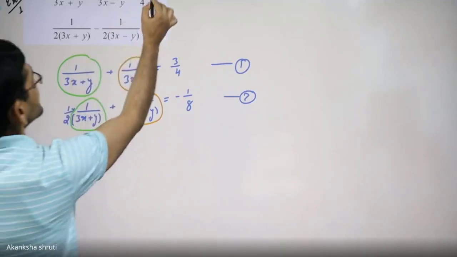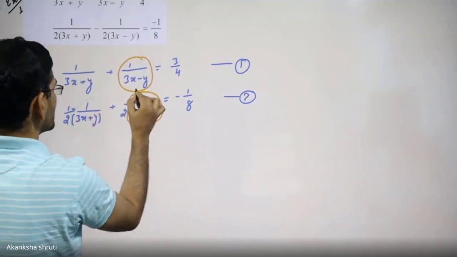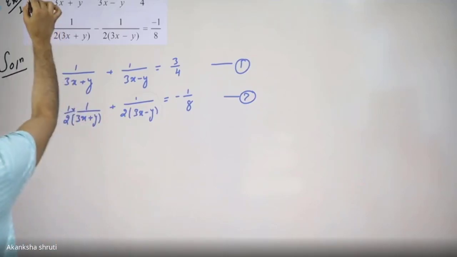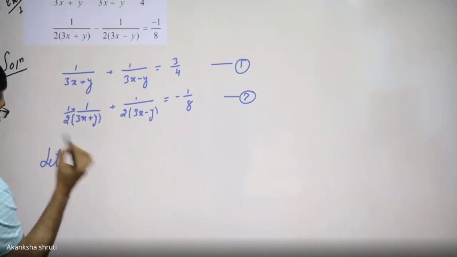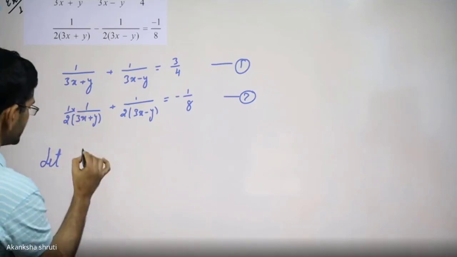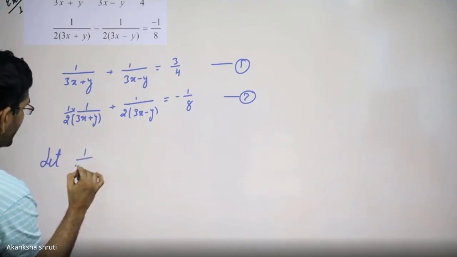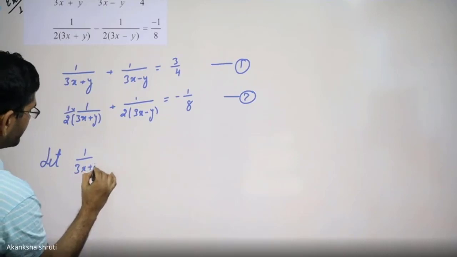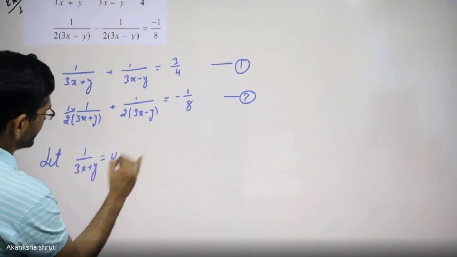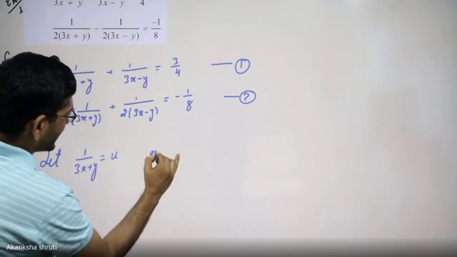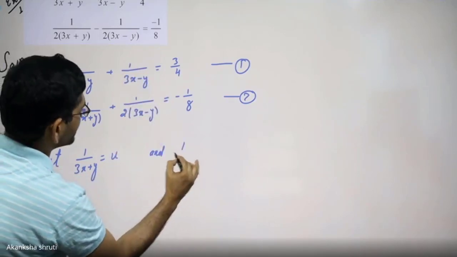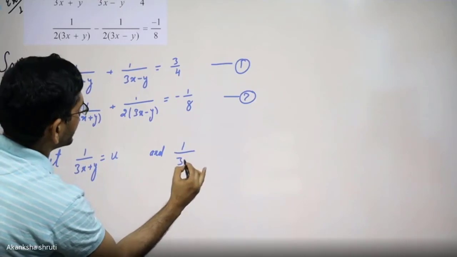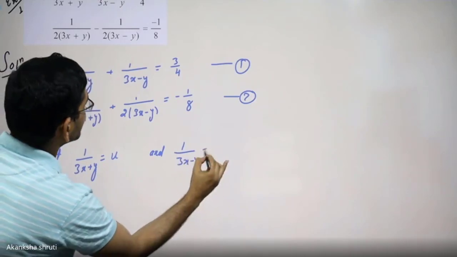Students, let us solve it by proper assumption. So our assumption, or the best substitution, is: let 1 by 3x plus y be equal to the new variable u, and the other, 1 by 3x minus y, be equal to v.